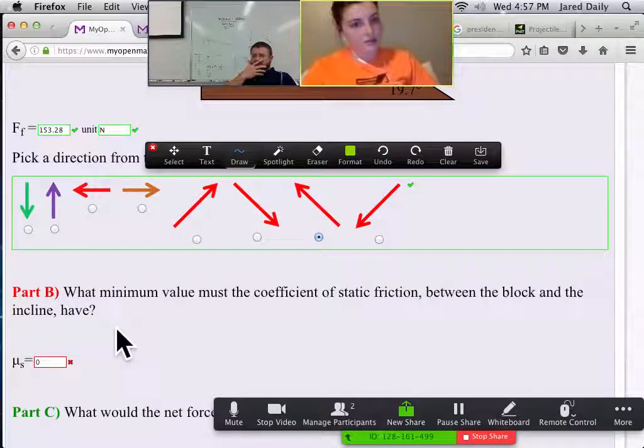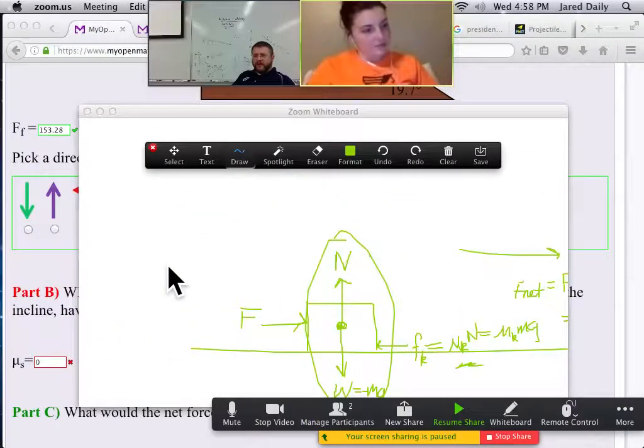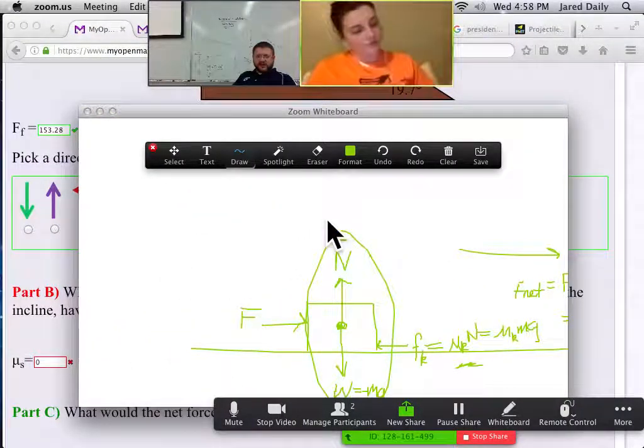So the minimum value between the block and the incline is actually the one that you calculated. That one is the one that you calculated from the force equations in the parallel direction.